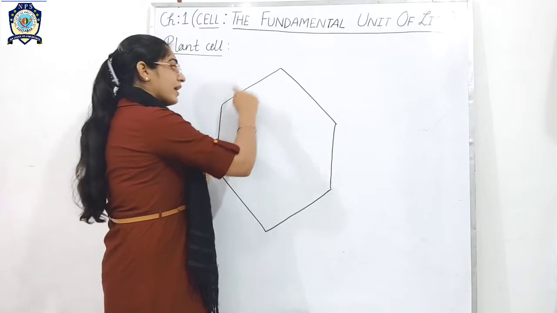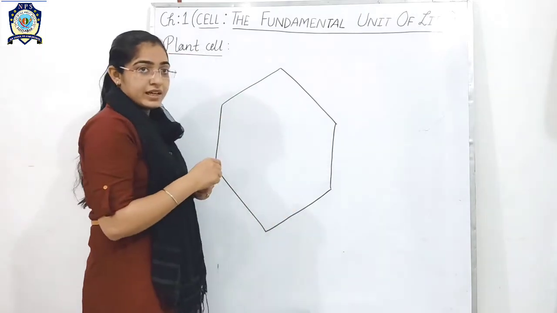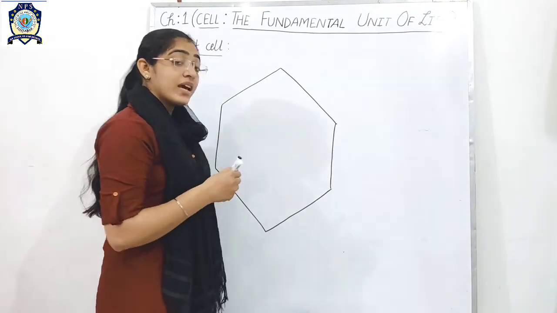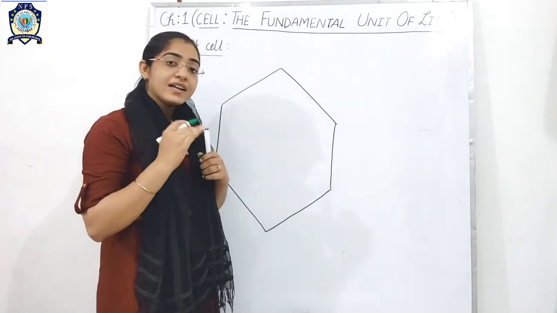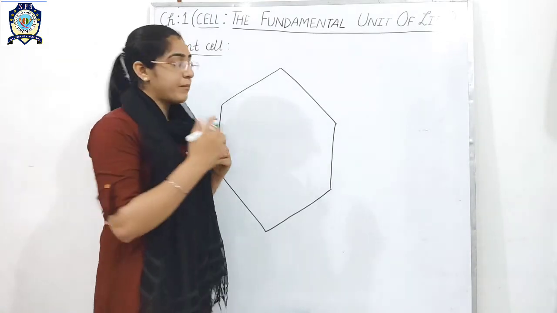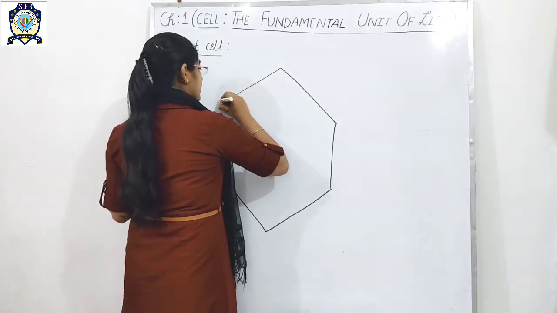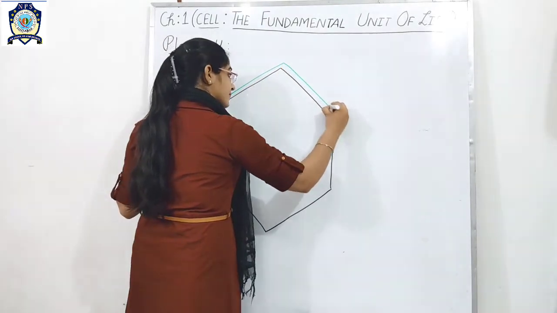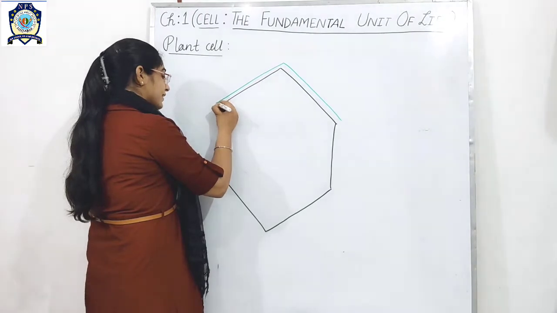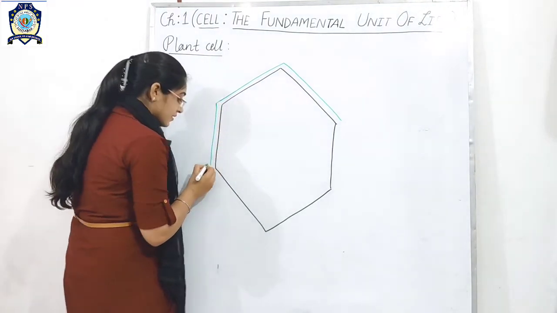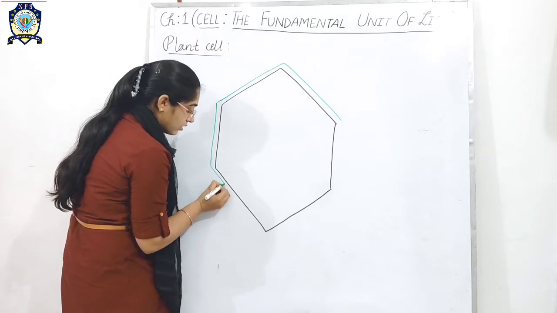So here I have drawn this outer boundary, and if we talk about the plant cell, there is also another layer outer to the plasma membrane. In this way there is another layer, and that layer is termed the cell wall.